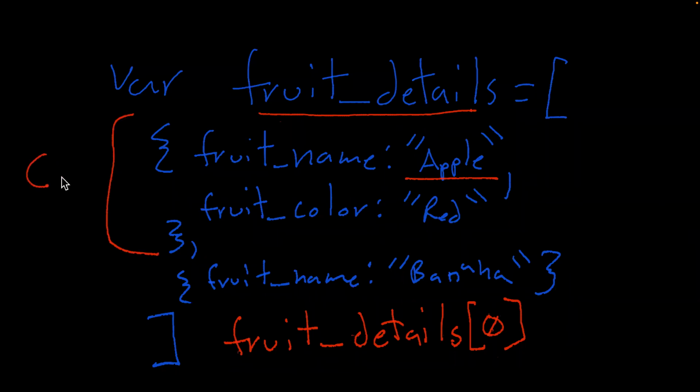This is 0. So we're saying fruit details at 0 dot. So now we're accessing the object's key fruit name. If we do this, we'll get the value. The value is apple. So that's what we would be console logging.